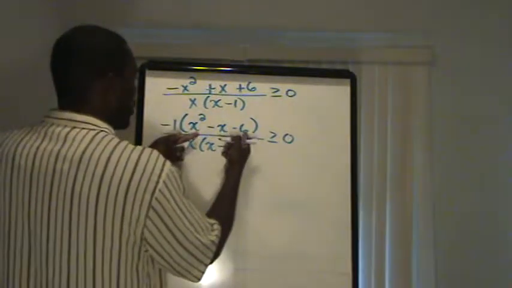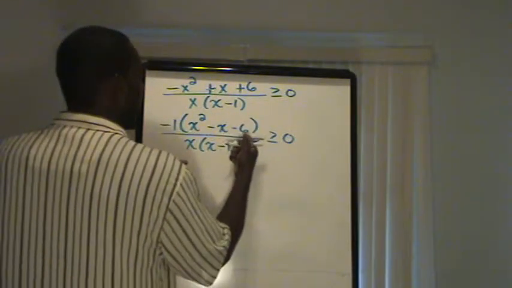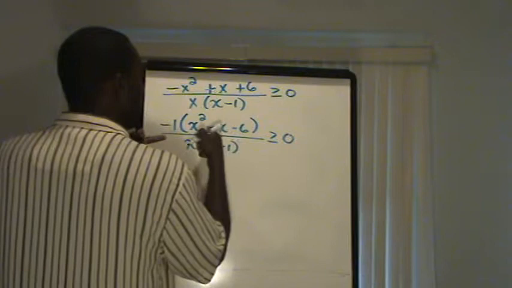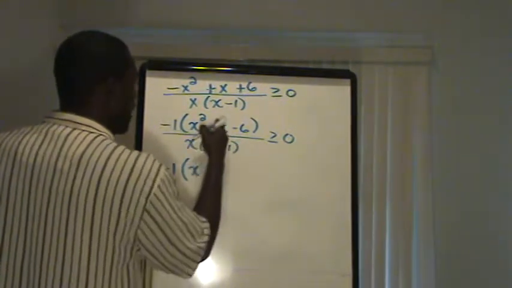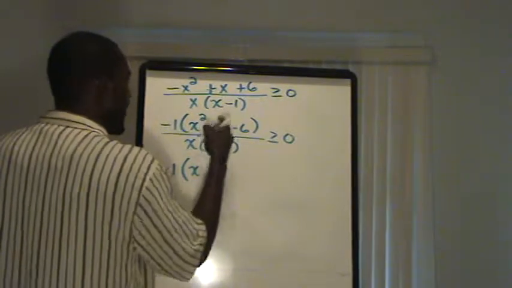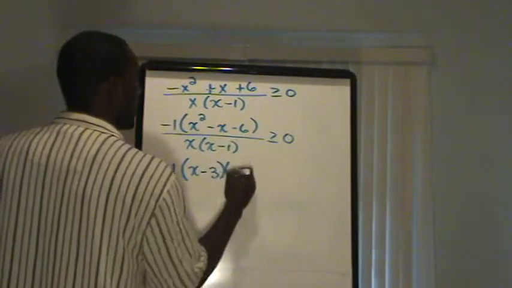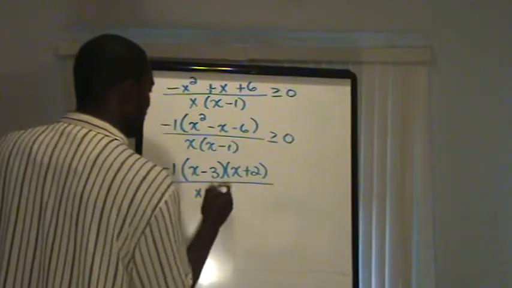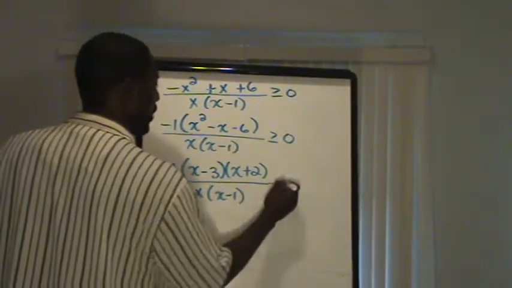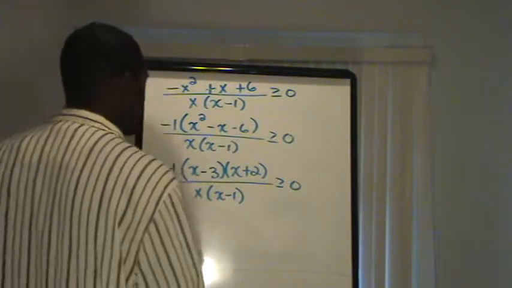As we factor this trinomial, two numbers that multiply together to get me 6 and subtract to get me a negative 1 would be 3 and 2. And since I want my 1 here negative, this would be x minus 3 and x plus 2 all over x times x minus 1 greater than or equal to 0.